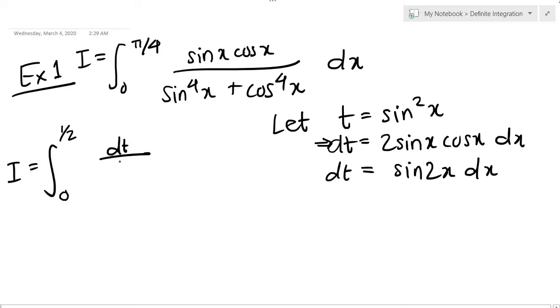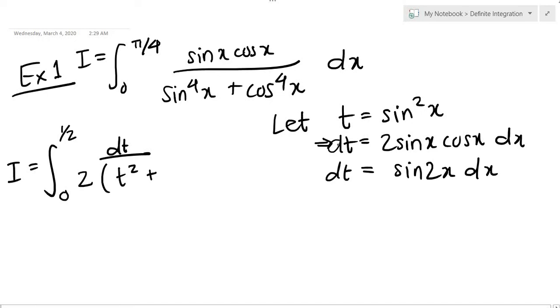So dt by 2, and then we have t squared plus, then we can write cos to the fourth as the square of cos square of x.